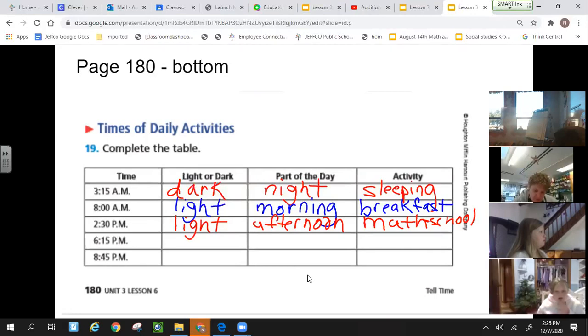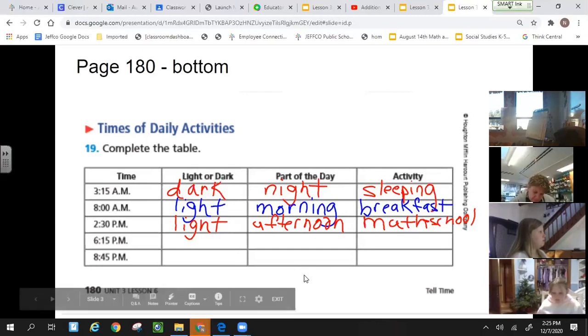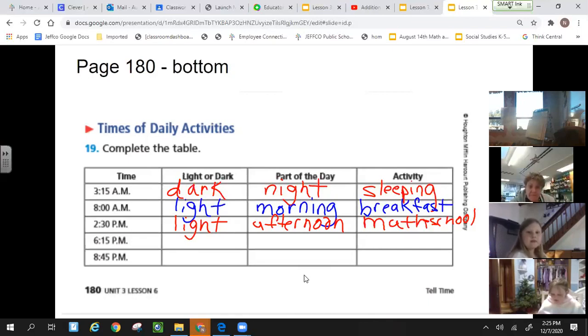Let's talk about it. Light or dark at 6:15 p.m.? Sawyer, can you unmute and tell us if it would be light or dark at 6:15 p.m.? Abby, do you want to share?